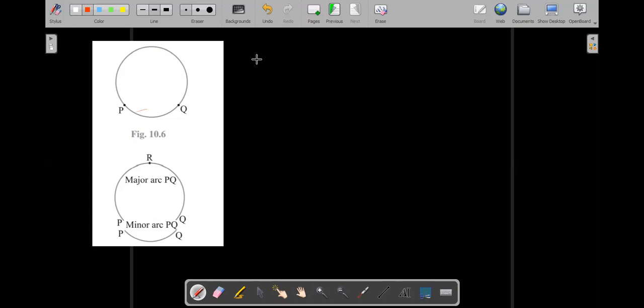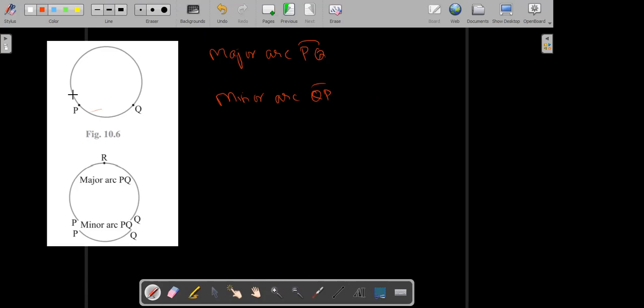So that's why we write, if we are showing major arc, PQ. Then Q to P we will write the minor arc, generally minor arc is QP. Or in any question, if major arc is given, points can be somewhere else also.